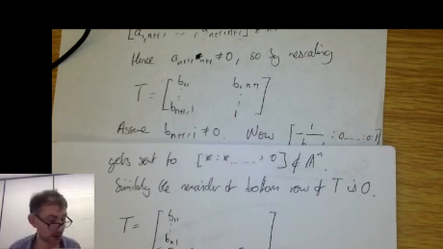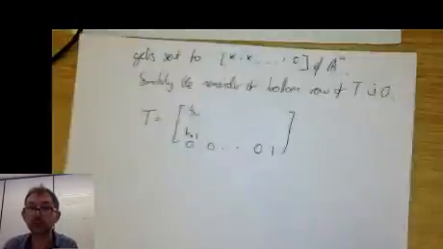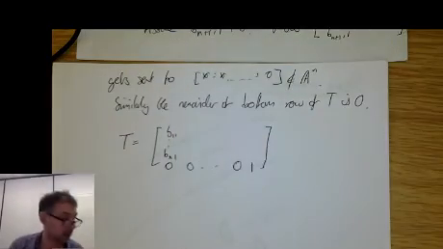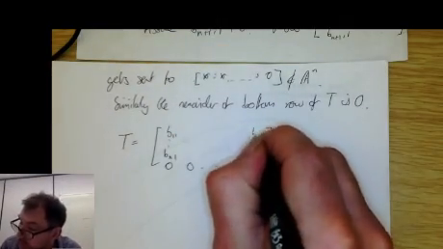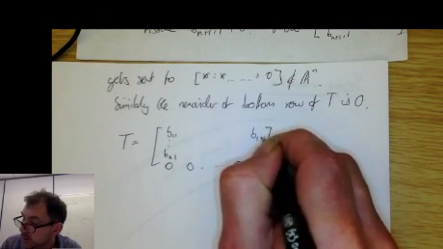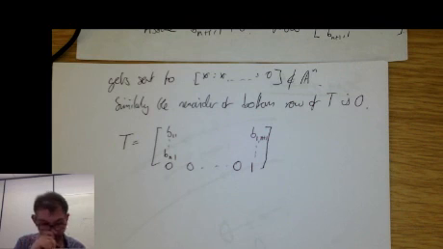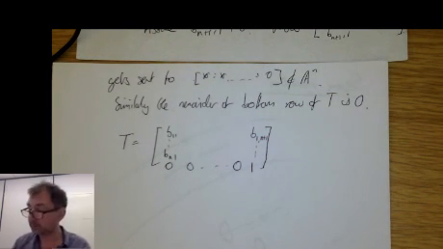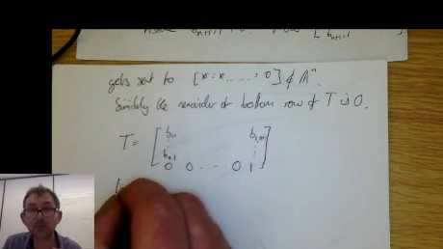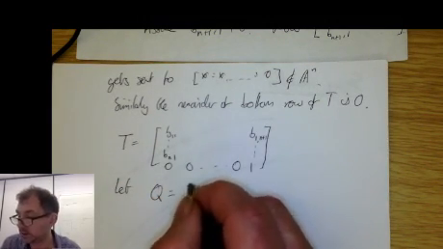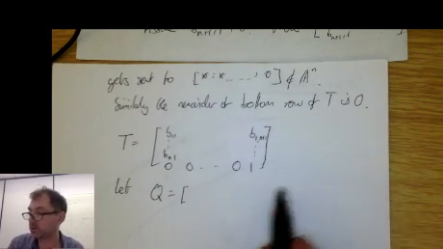Okay, and the point now is to see that this in fact is going to give us an affine transformation. So this should be 1, n plus 1. Right, well, let Q be any point in the affine chart.